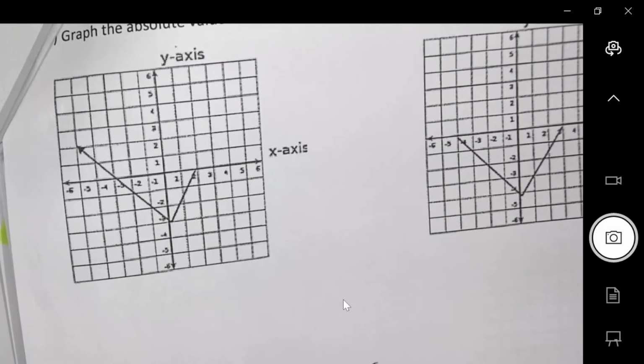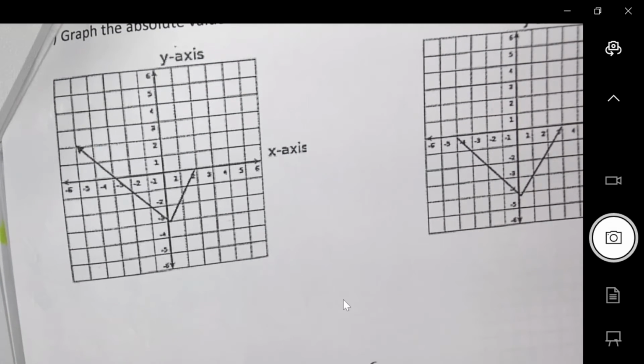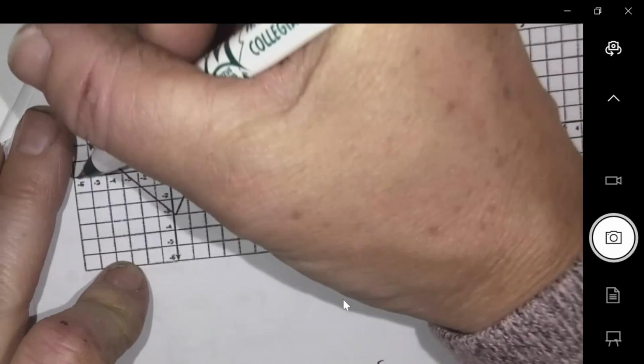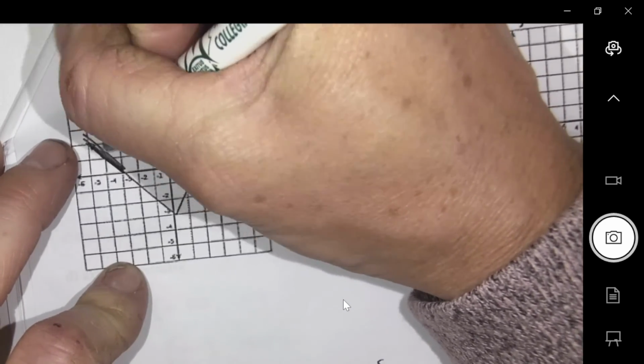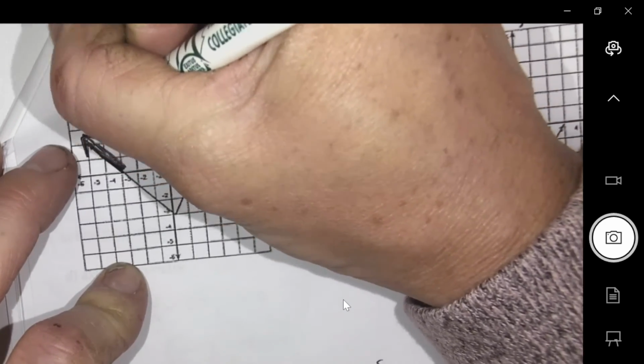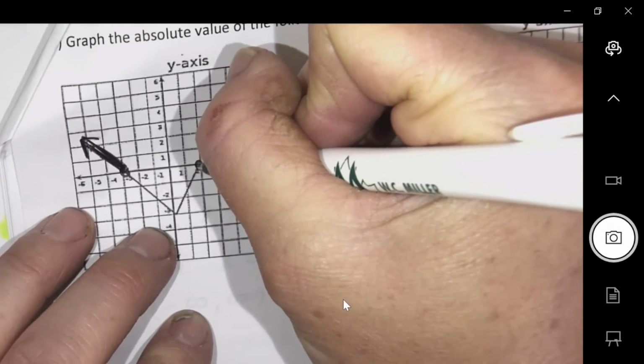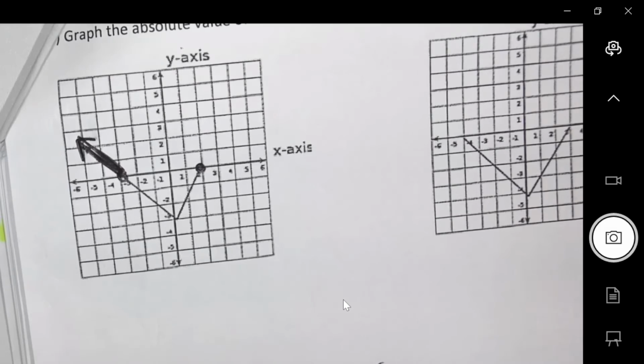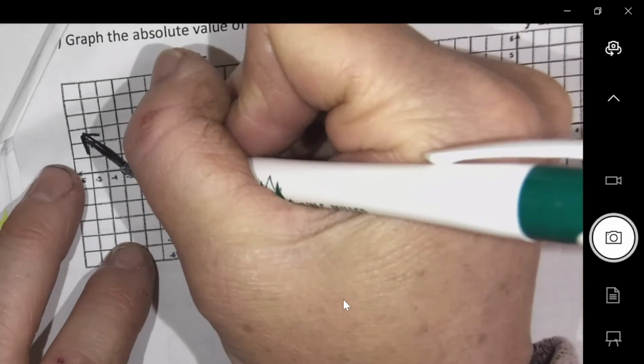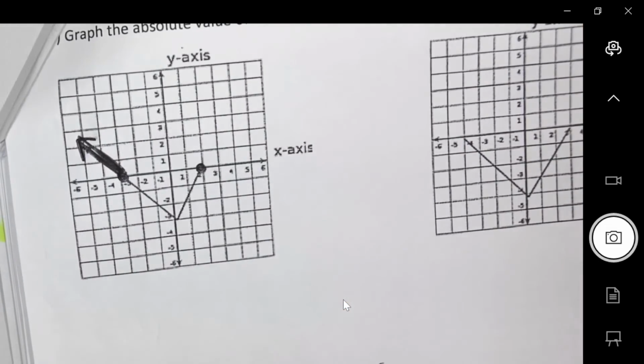Okay, graphing an absolute value. So we had our 3 rules. Where it's positive or 0, overlap it. So this part would stay, and this point would also stay. So anything that was 0 or positive stays.